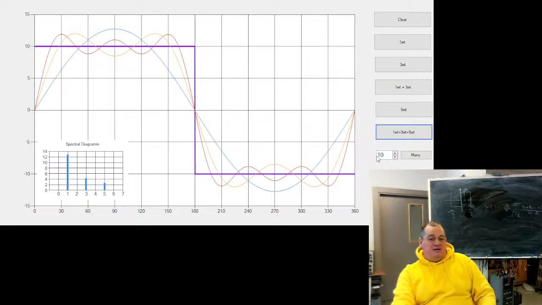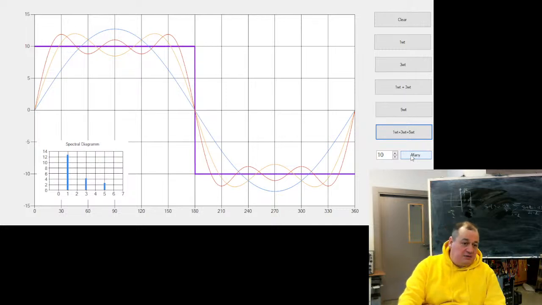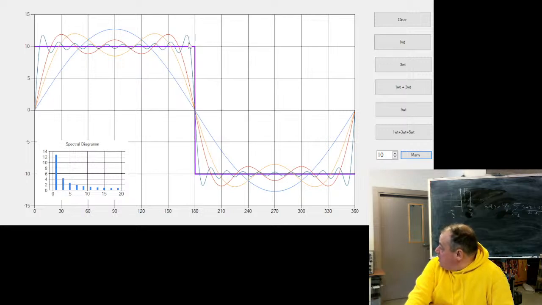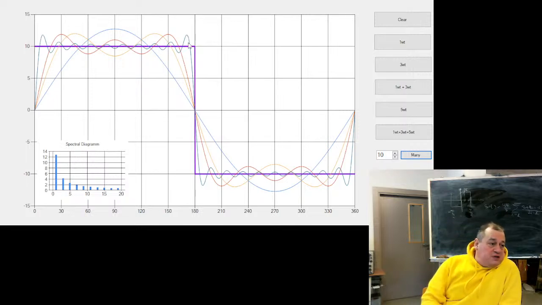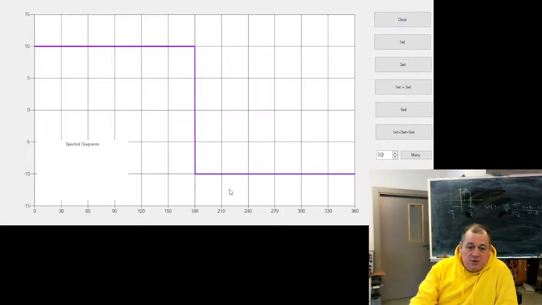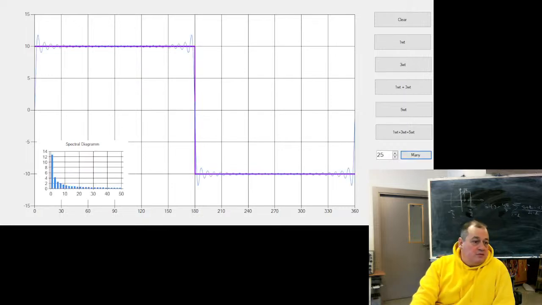In the digital world, I can add more. Now this blue line is the sum of the first 10 components. It's Sn, the sum of n components, where n is 10. Clear? Here is my original. Let's say 25.